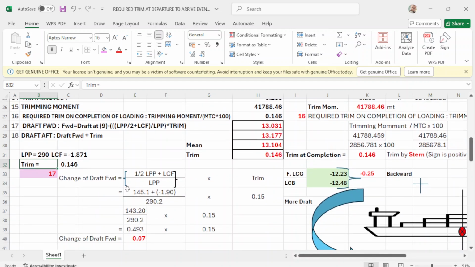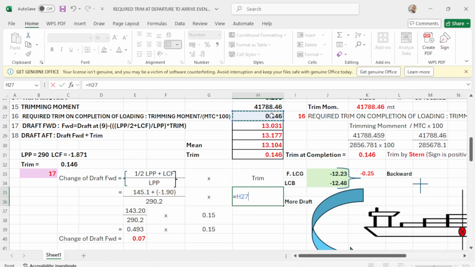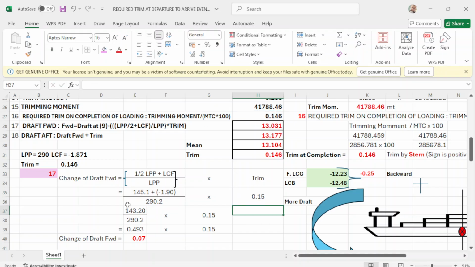Now this is the formula. First, you have number 17. To get the change of drop forward, the formula is one half LPP plus your LCF, over LPP, times your trim. Put your trim here. Your LPP, length between perpendiculars, is 290.2.